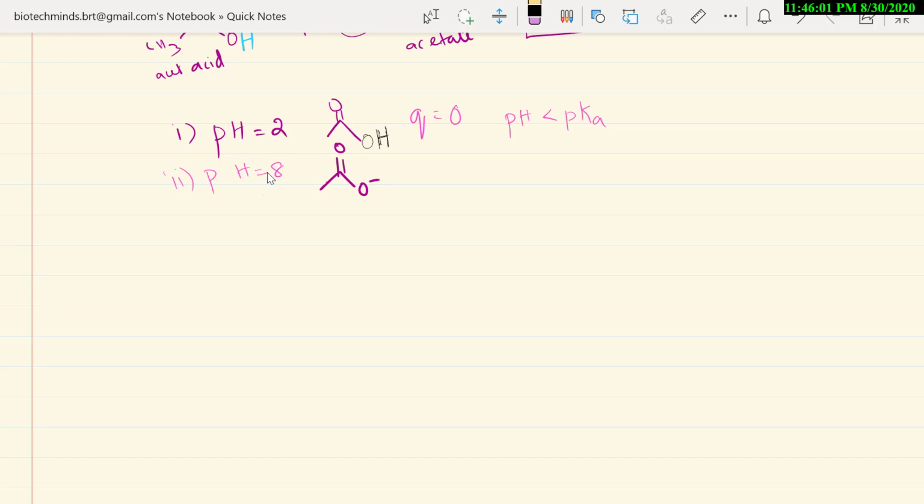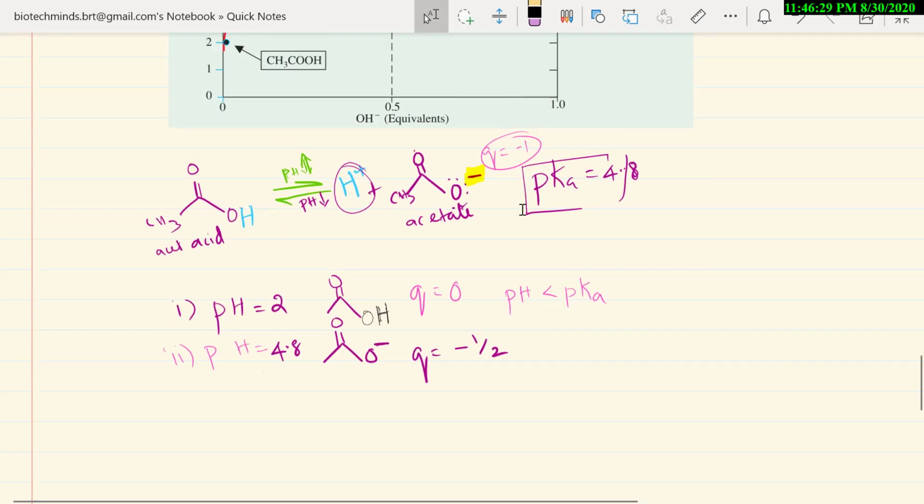Before telling this, I need to tell you something else. Now this is 4.8, consider this equivalent to the pKa value. What happens at this point? I told you before that it bears a negative charge. Now how much negative? It is minus 1 by 2, because at this pH, as I told you before, acetate and acetic acid are both equal, right?